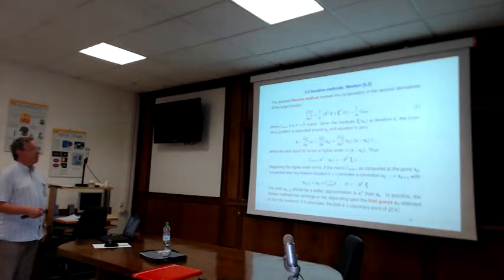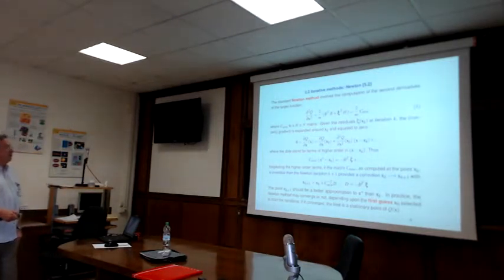You expand in xk to find the value that the gradient, which you want to set to 0, would have at the point x, and you impose that it is 0. Of course, here I have higher order terms, which would contain the square of the difference x minus xk.